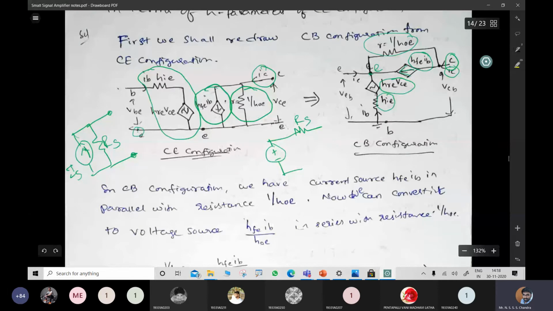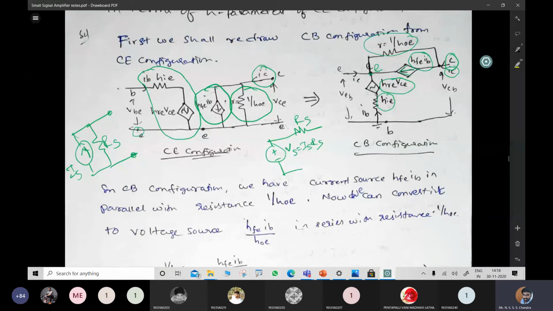RS will be the same, whereas the voltage source VS will be equal to IS into RS, isn't it? This is how you do the source transformation, right? So we need to multiply the current source value with the resistance value.